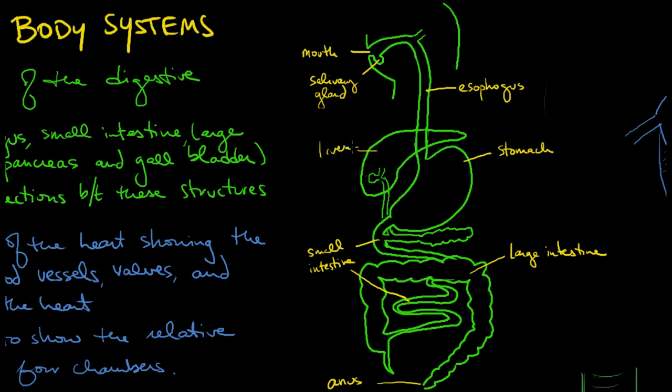This is the liver and the gallbladder. And here's the pancreas. Note that I've clearly shown the connections between the gallbladder, liver, pancreas, and small intestine. The liver and the gallbladder share a duct right here. The gallbladder stores the bile that's made by the liver, which goes down through this duct.